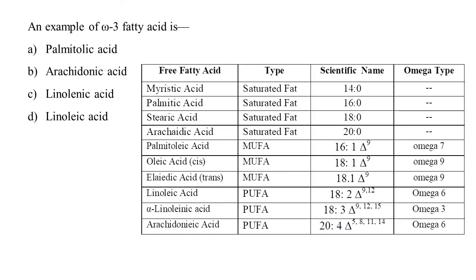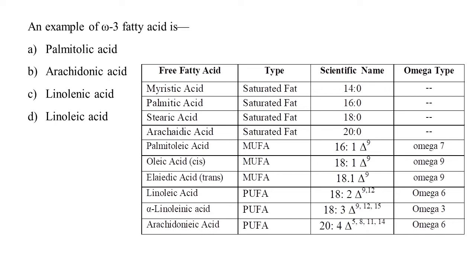If you see the table, the first four free fatty acids given are saturated fatty acids, so they could not belong to any omega. Palmitoleic acid is a monounsaturated fatty acid with only one double bond, and it belongs to the omega 7 category.